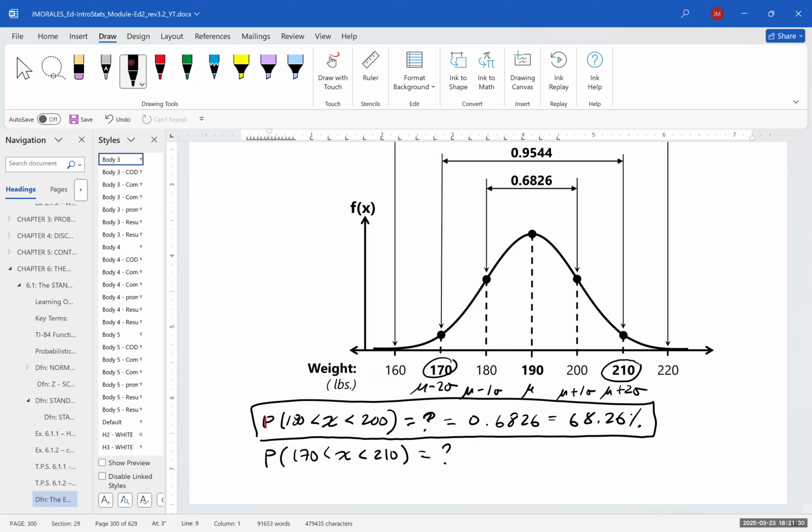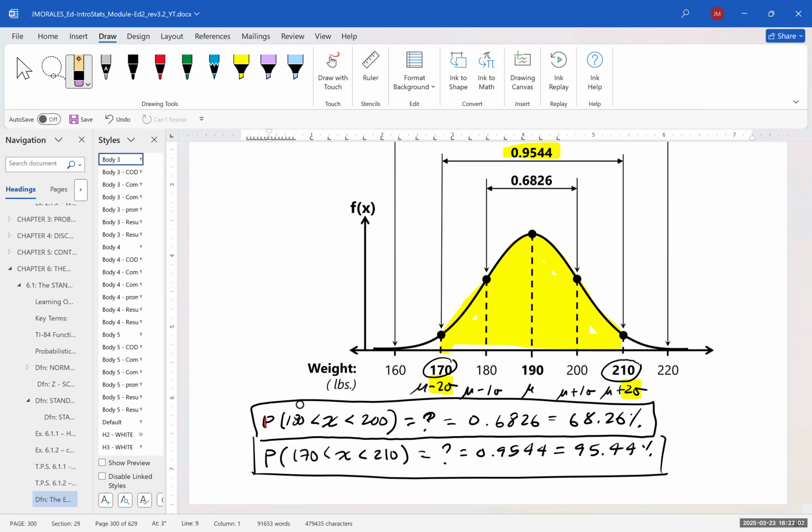So what's the area under the curve between positive 2 and negative 2 standard deviations? According to the empirical rule, it's 0.9544, or 95.44%.